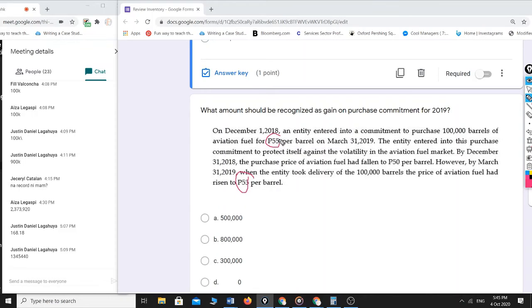If you can see, the agreed price is 55, but the market price is 53. At first glance, ma'am, there is no gain. Right? What was agreed is 55, but the market is only 53. Okay? So, therefore, the company still has a loss.